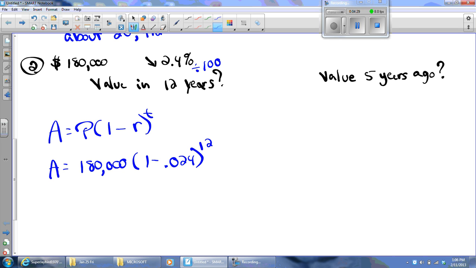And I'm going to raise that to the 12th power. And it looks like that in 12 years, my home would be worth approximately $134,483.91. The decimal ended up being like 0.0968, but since I'm talking money, I went ahead and rounded. All right, pretty simple stuff.